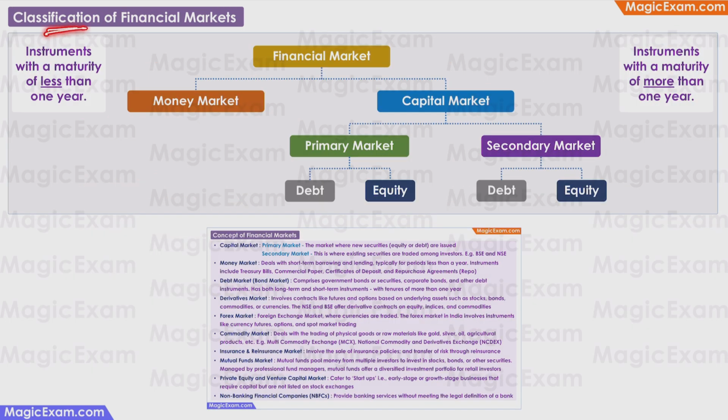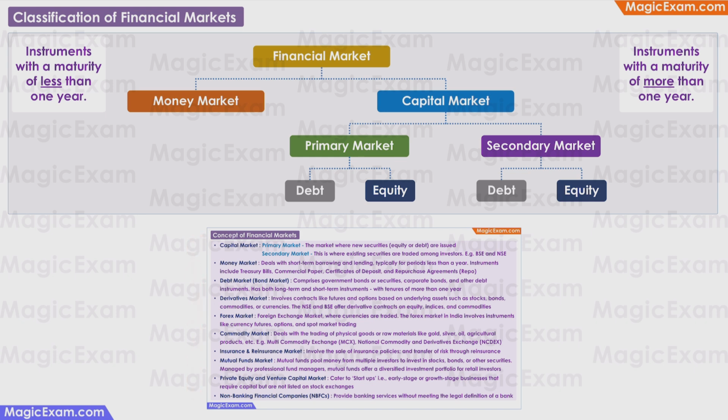Next, let us talk about the classification of financial markets. As I have previously mentioned, there are different types of markets which come under the generic term financial markets. There are capital markets, money markets, debt, derivatives, forex, commodity and other markets where specific types of financial instruments are bought, sold or exchanged.